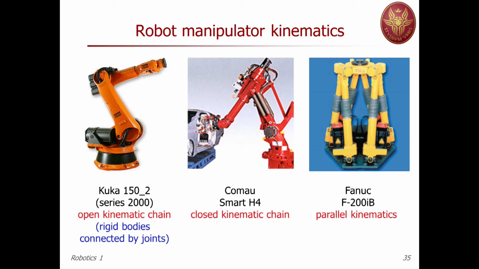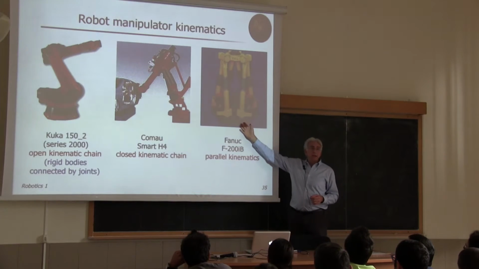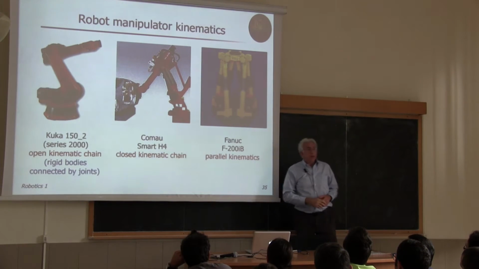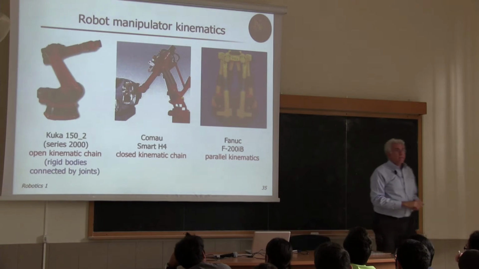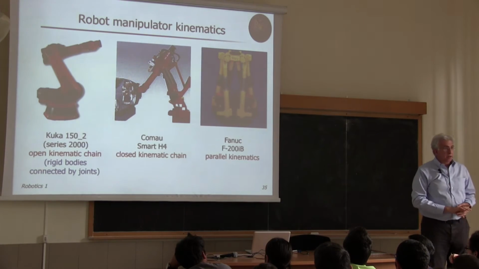With the 6 joints of that arm, we can position and orient in a restricted workspace the end effector of the KUKA arm. In the same way, with the 6 joints of this parallel kinematics, we can move around and reorient the end effector of this parallel kinematic robot.